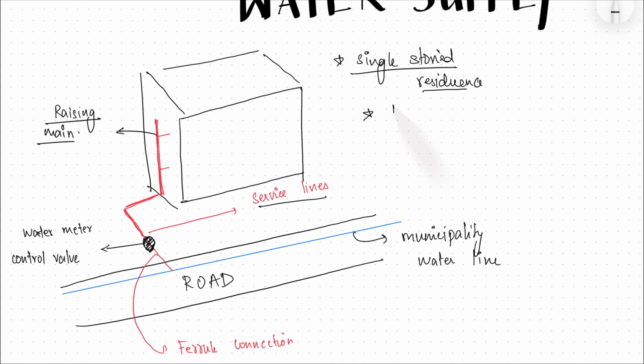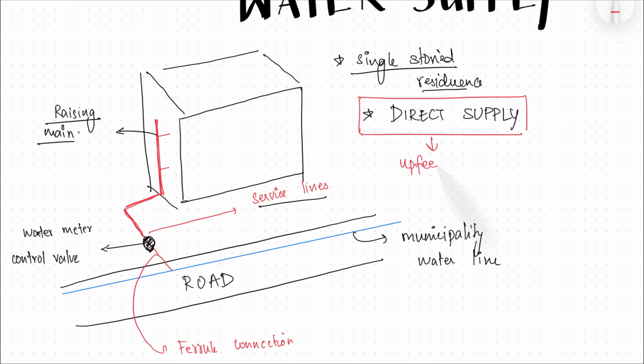It's called direct supply, or it is even called the upfeed system. Upfeed system or upward system, because the water is basically moving upwards, right?